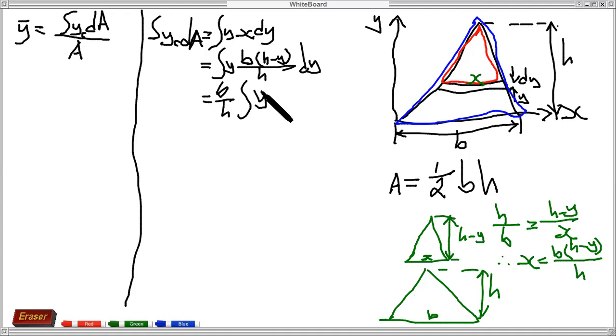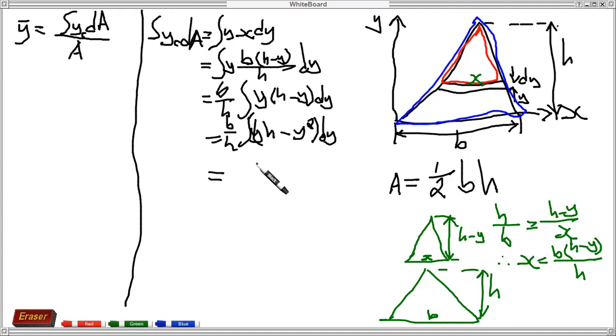You're left with y times h minus y, dy. Then we can just multiply in, and you're going to have yh minus y squared. You put this inside, then you put back the integral sign and b over h.